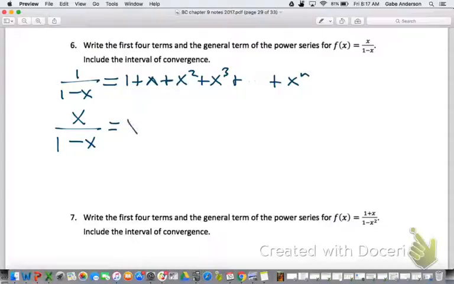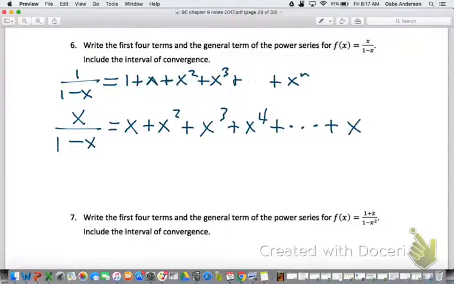So this would be x plus x squared plus x cubed plus x to the 4th plus ... plus x to the n plus 1. Yeah, that's right. And you're done.